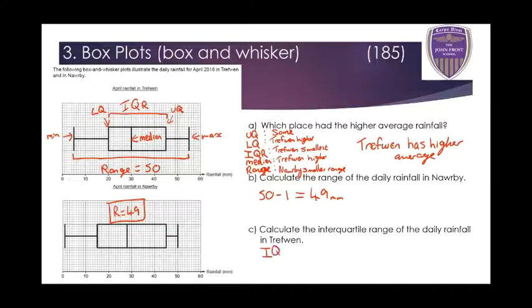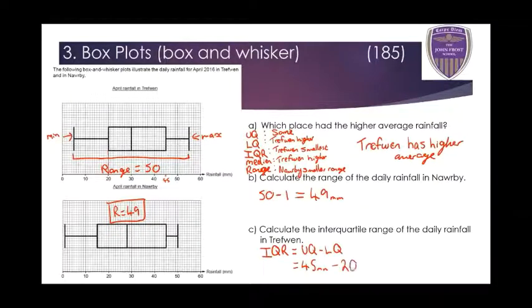So remember, interquartile range is the upper quartile take away the lower quartile. So let's get rid of these and find out what those numbers are. The upper quartile is 45 millimeters of rain, and the lower quartile is a nice and easy 20.